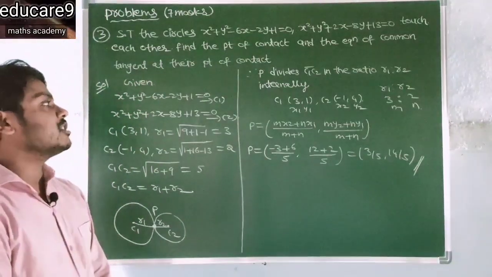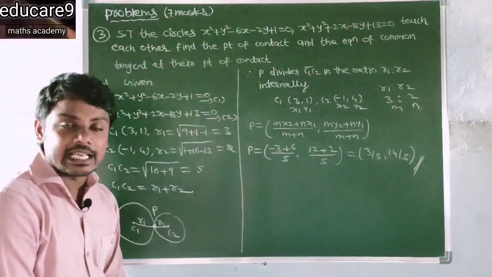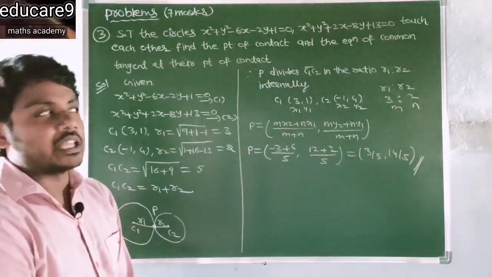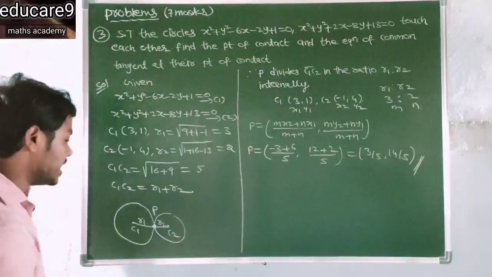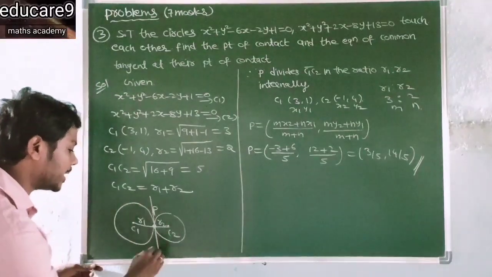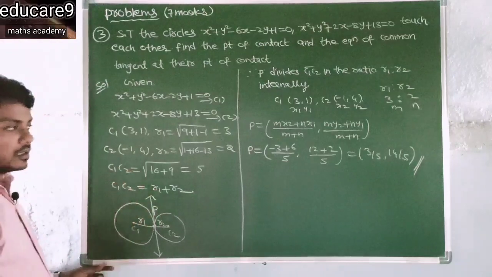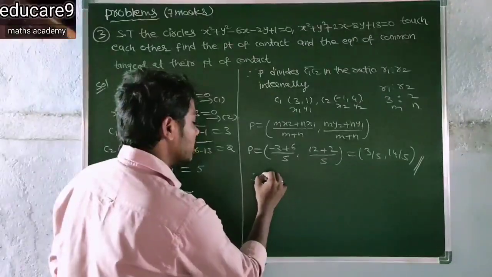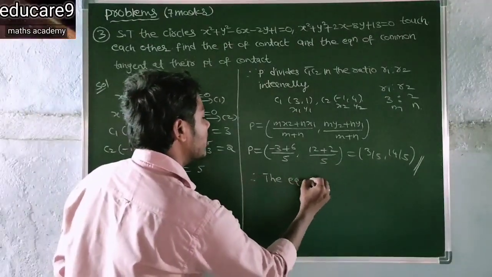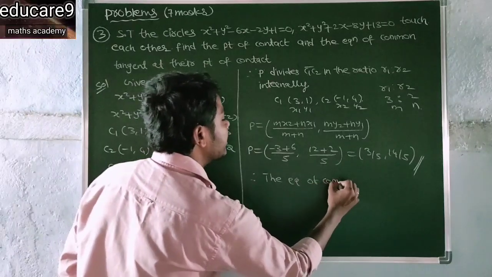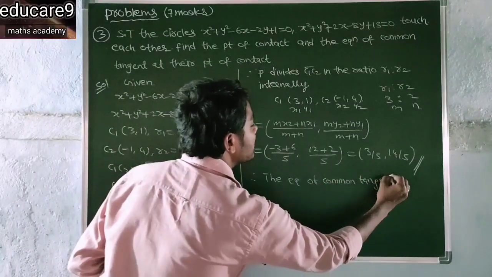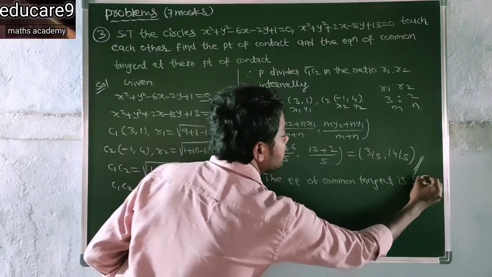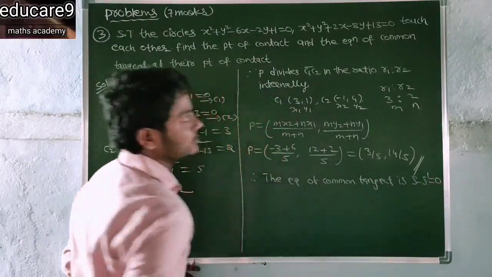So clearly what is the equation of common tangent? That is S1 equals 0, or otherwise use S minus S' equals 0. So that is the equation of common tangent. So therefore the equation of common tangent is S minus S' equals 0.